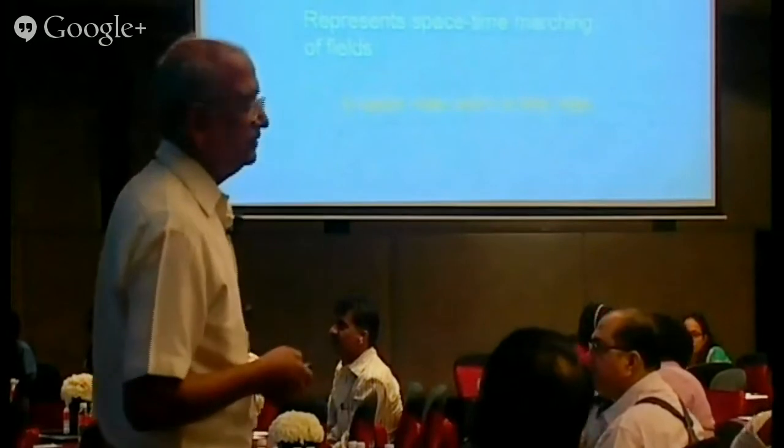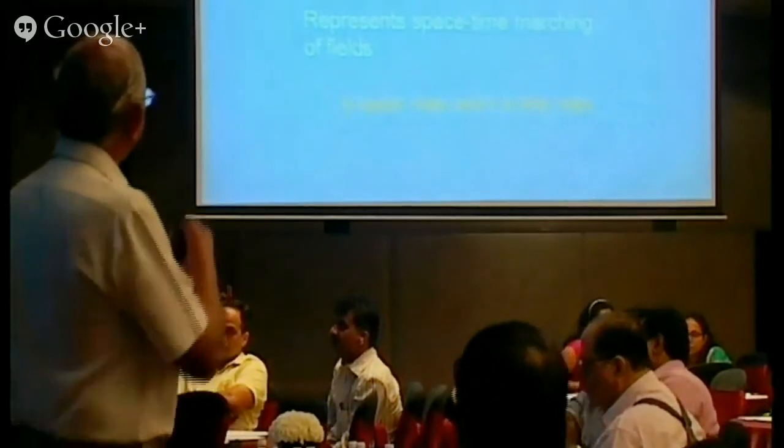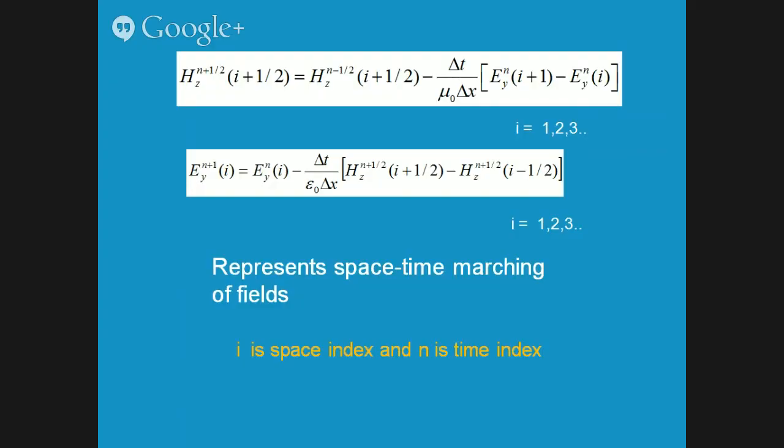That's how these two equations represent the space-time marching, obtaining the fields at a later instant and at a later node. That's the space-time marching of the fields.